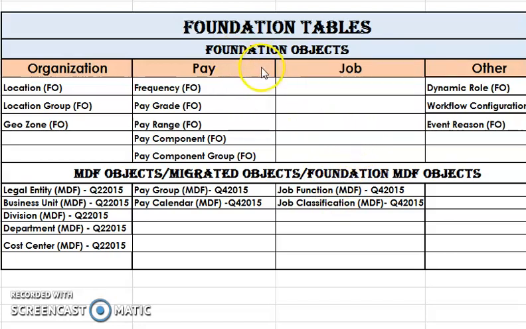To begin with, what we are seeing is the foundation objects. They consist of organization, pay and job structures.